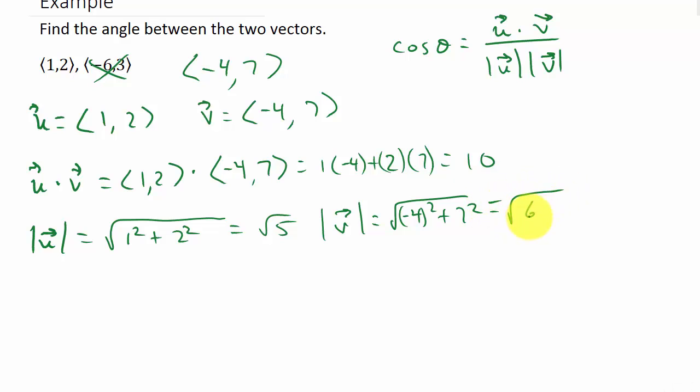That's the square root of 65. So now cosine theta is the dot product, 10, over the magnitude of u times the magnitude of v.